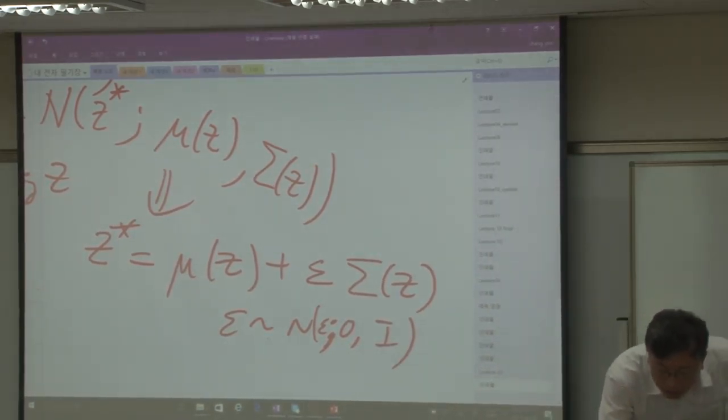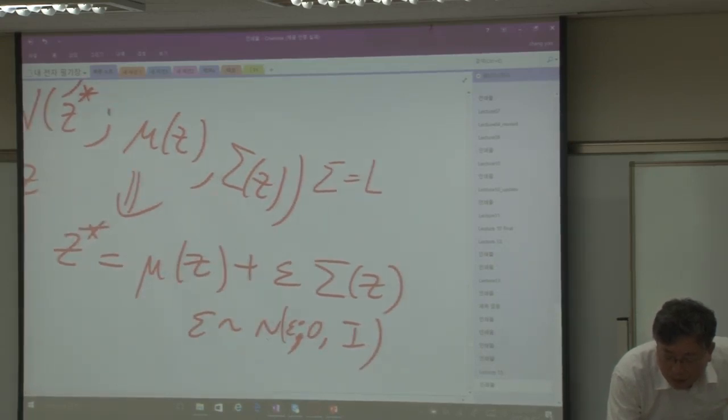Actually, no. Sorry about this. Sigma is wrong right here. If I can represent sigma as L, usually as L transpose, this is called Cholesky decomposition.